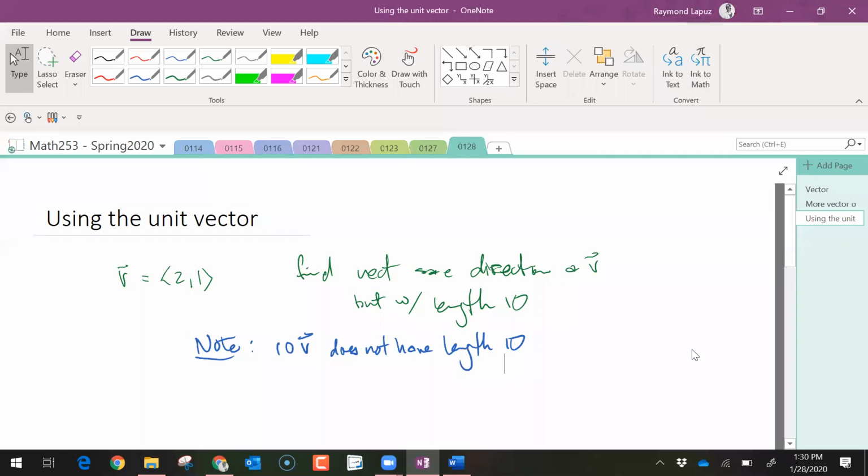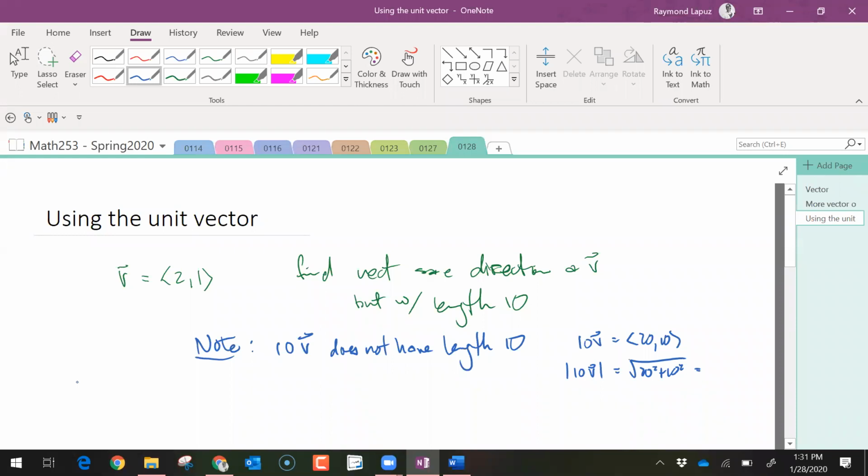All right, so if you thought the answer was 10V, it's a good thought, but it's not correct. Why? Because 10V is equal to 20 comma 10, if you just multiply that by 10. And if we take the magnitude of that, this is 20 squared plus 10 squared, which is, oh geez, I don't know.